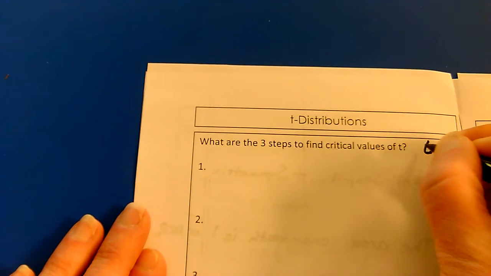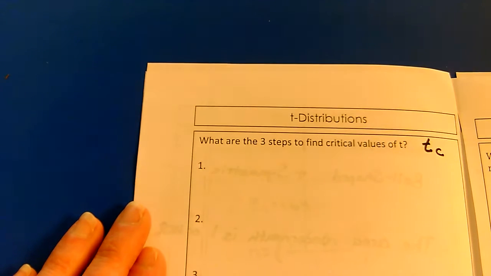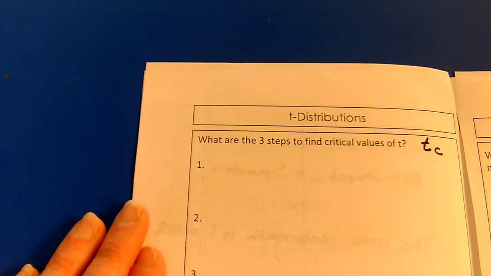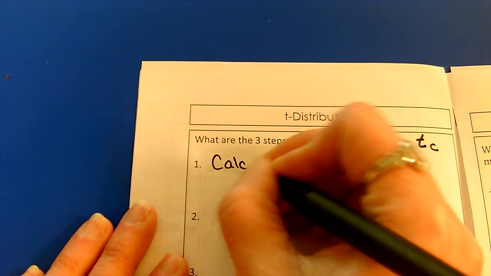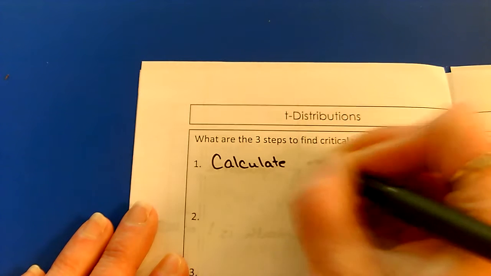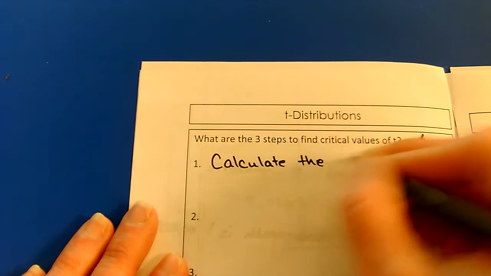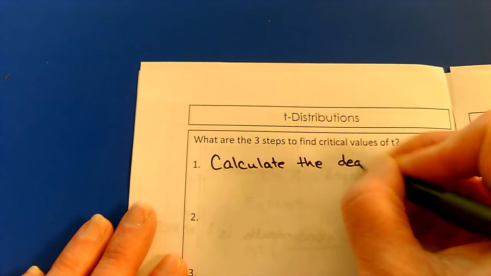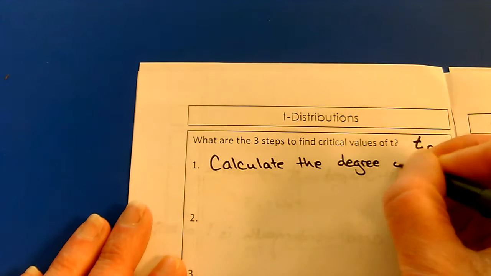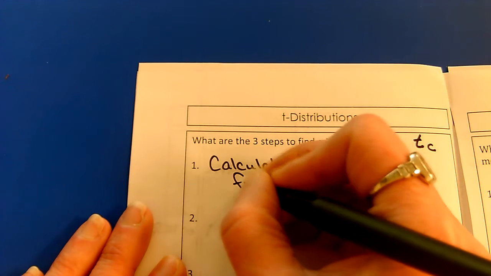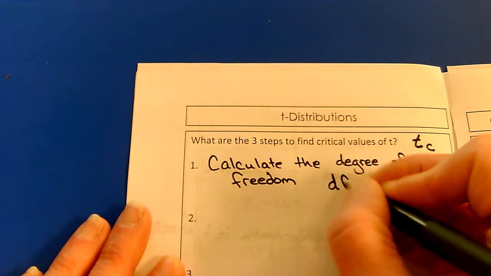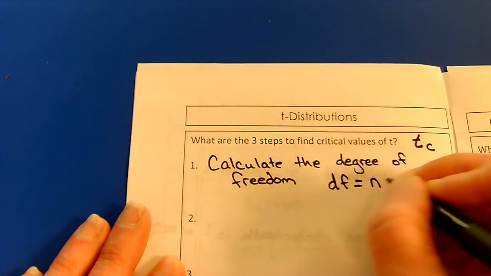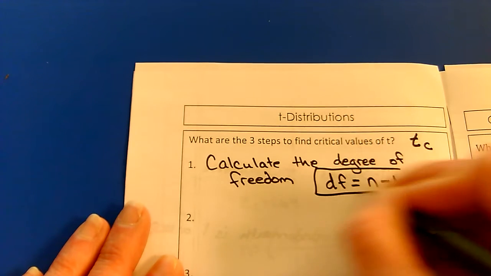So we have to be able to figure out how to find a critical value of t. In other words, instead of z, it's not a z-score, it's a t-score. First thing we're going to have to do is calculate the degrees of freedom. The degrees of freedom is equal to n minus 1.